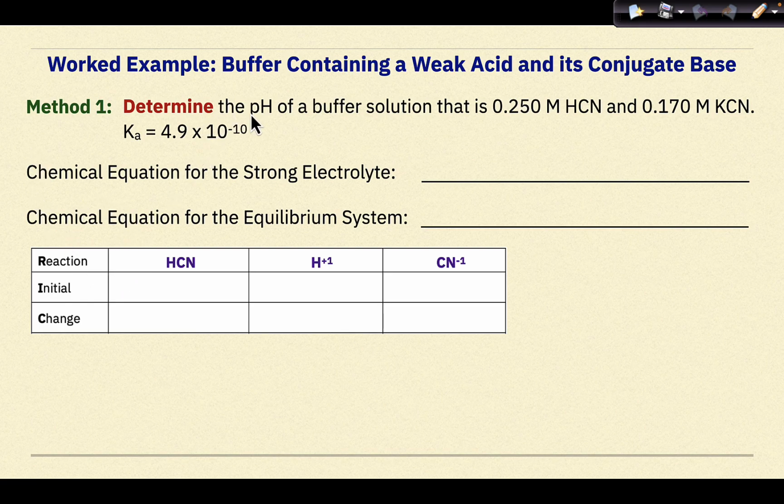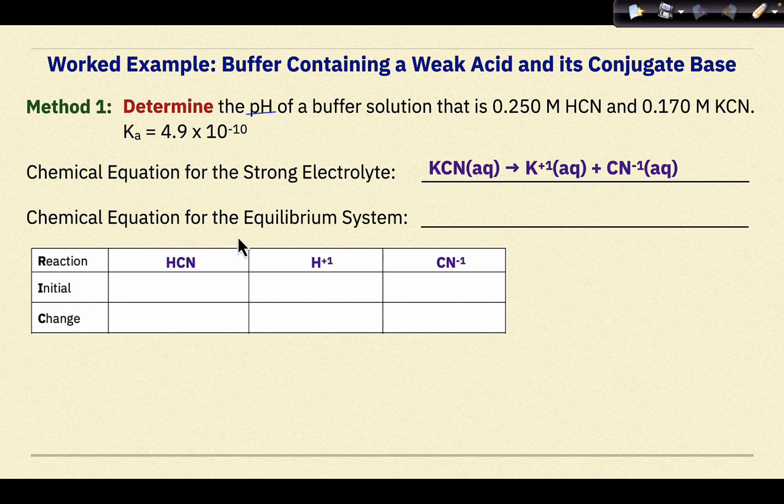So determine the pH, that's our goal, of a buffered solution that is 0.250 molar HCN and 0.170 molar KCN. Our Ka value is 4.9 times 10 to the negative 10. The chemical equation for the strong electrolyte is KCN dissociates into K+ and CN- ions.